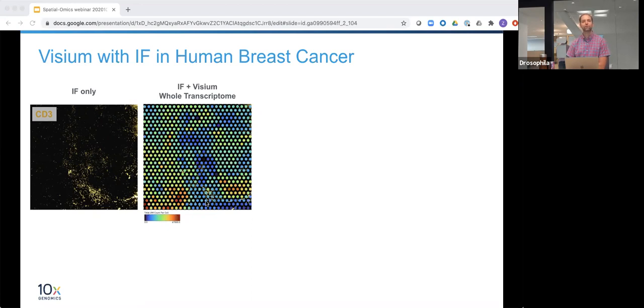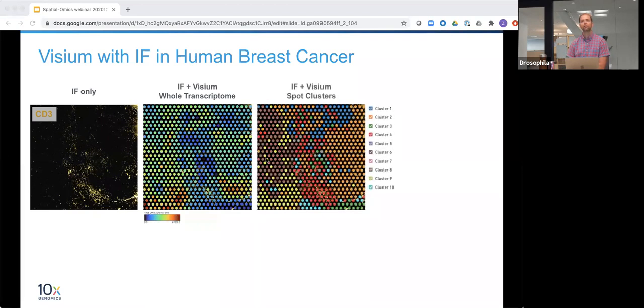That doesn't necessarily correlate very well to your CD3 markers, but it wouldn't necessarily anyway. But what's interesting is when you start looking at the spatial clustering, you overlay that, you see these distinct clusters that overlay very nicely. So if you remember over here, this overlays pretty nicely with this cluster 4 here in red.